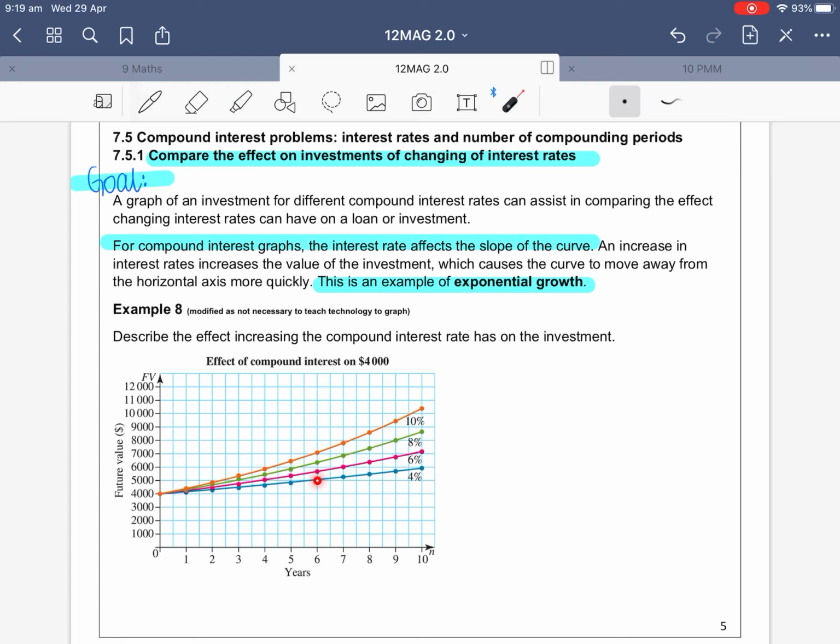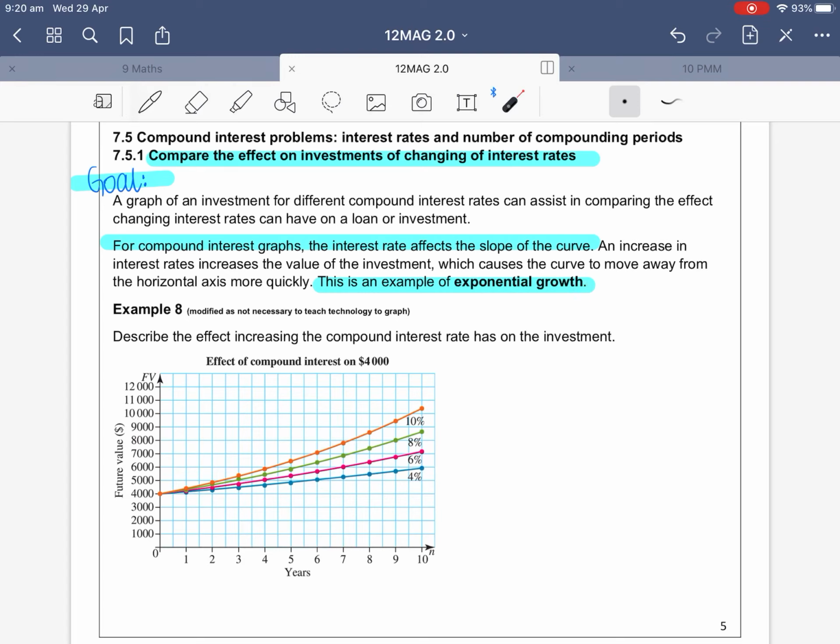The orange line is always above the green line, always above the pink line, always above the blue line, and so on. But the other thing to note is that it is in fact increasing more quickly, because as time goes on, look at how these gaps between the investments are getting bigger and bigger. That's our exponential growth idea.